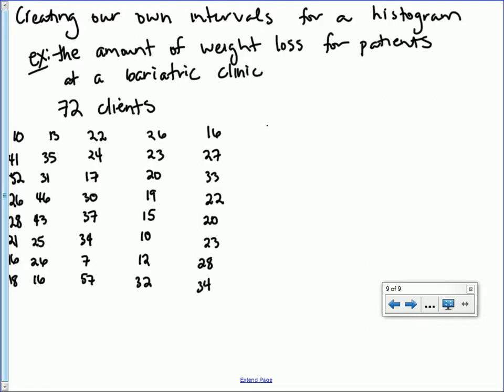Then I have 23, 16, 18, 13, 11, 29, 20, 28, 35. I know it's a lot of data, but you sort of need a lot of data to make the example a good one.